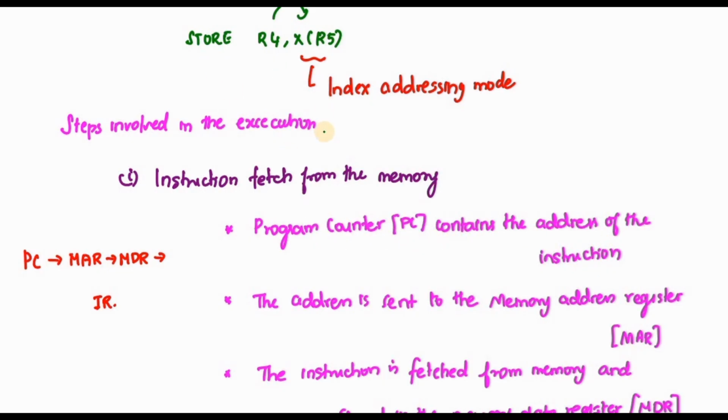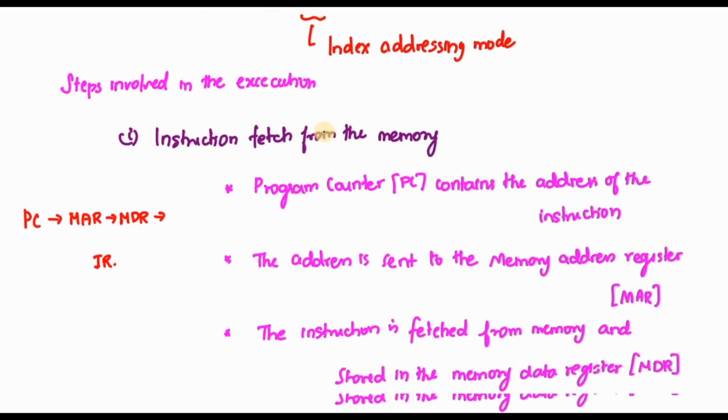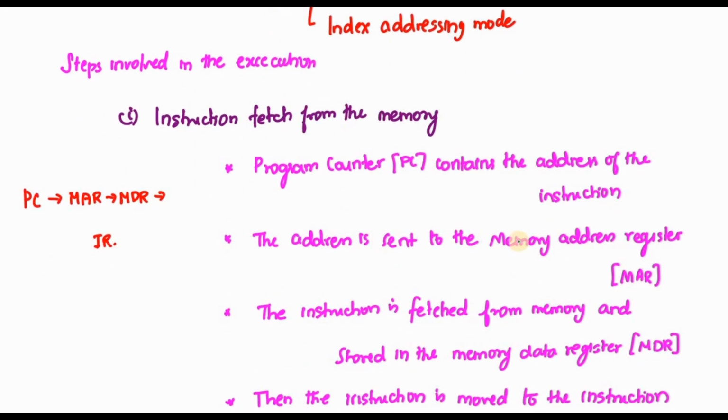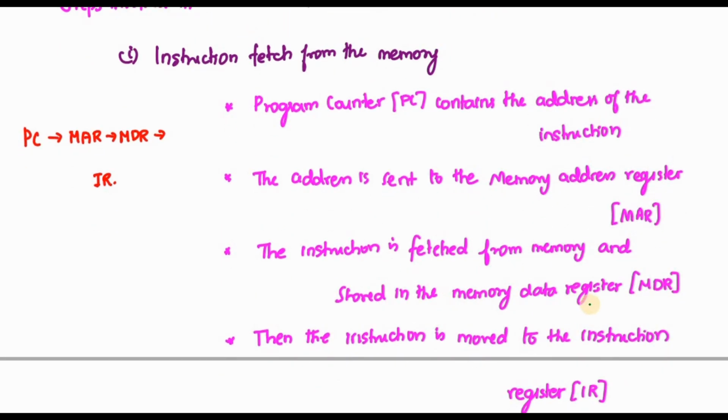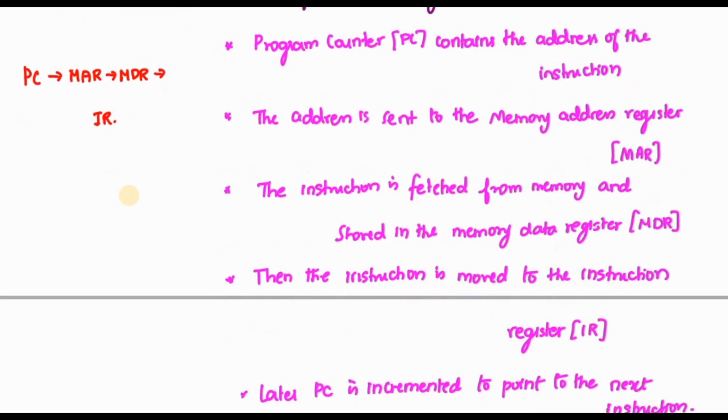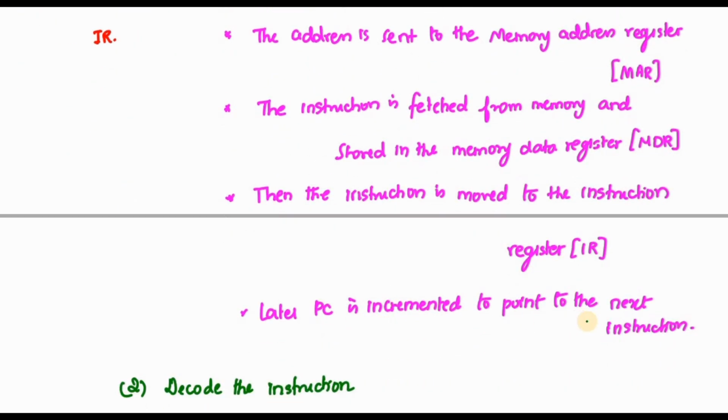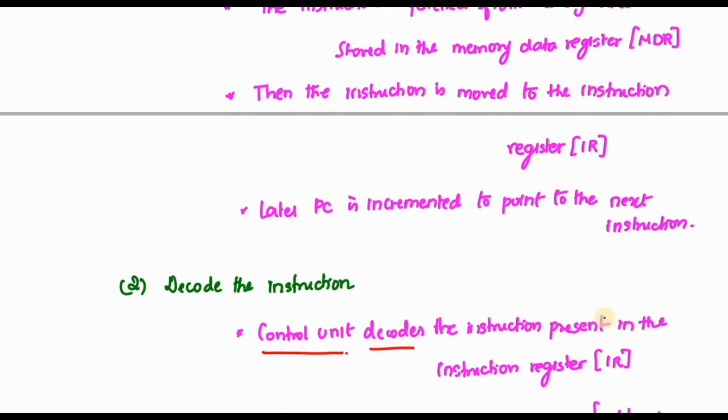The program counter contains the address of this store instruction, and this address is sent to the memory address register. The instruction is fetched from the memory and stored in the memory data register, and then moved into the instruction register. So the PC goes to MAR, then MDR, then the instruction register. Later the PC gets incremented to the next instruction.